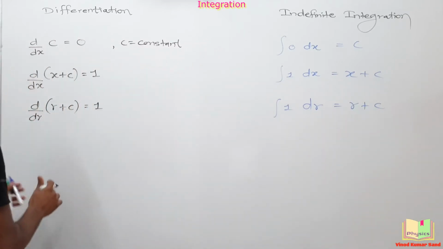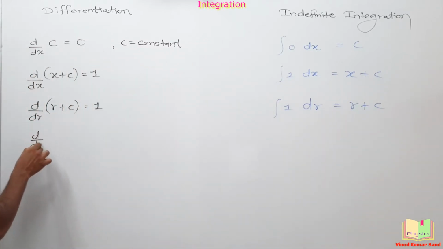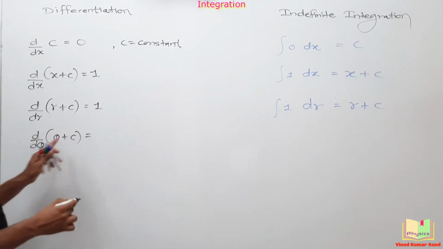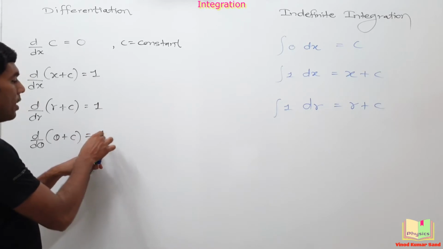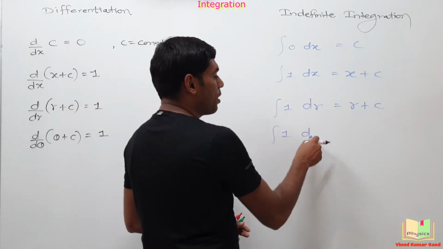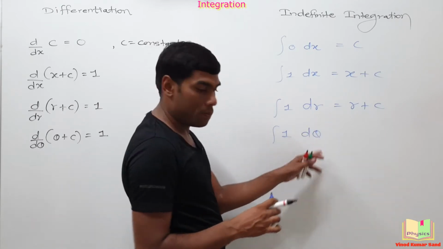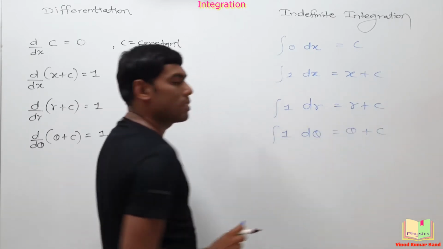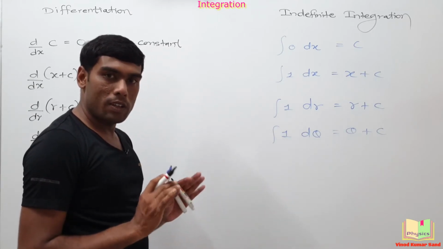Taking another example, let's say you have d by d theta of theta plus c. What should be the answer? 1 again. And if you integrate this 1 with respect to the variable theta, then your answer will come out to be theta plus c. I hope you get it.